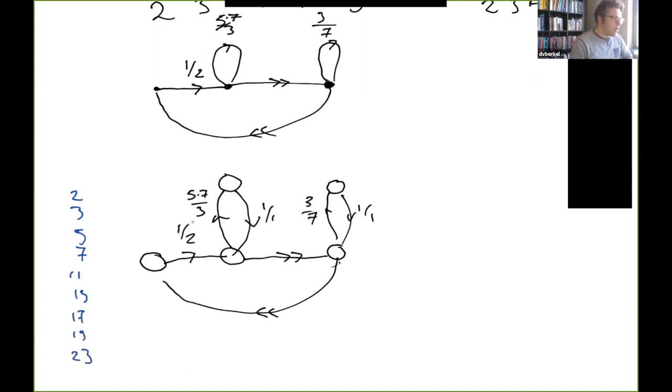But the numbers that are already used in the fractions, we can't use them because they have meaning in our algorithm. So the numbers below the line are usable, and we can use them to label the nodes. So this gets labeled 11, 13, 17, 19, and 23.